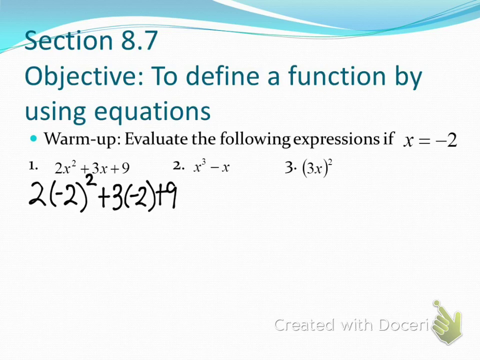There is nothing to do inside parentheses, so we go to our next operation. Who can tell me what it is? Natalie? Exponents. Do we have an exponent? Anybody see an exponent? Yes, we've got a squared.